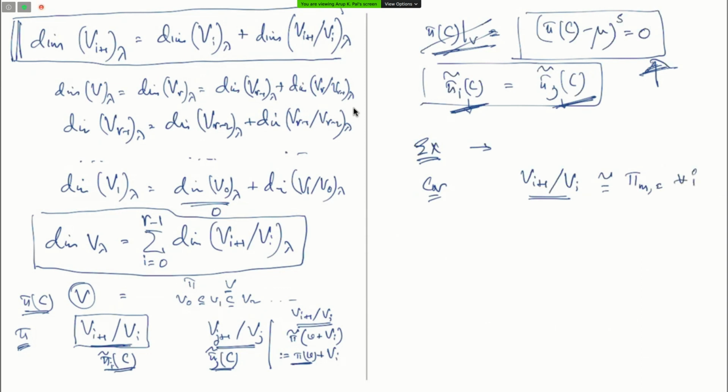Any irreducible is pi m plus or minus, one of these types. So instead of writing plus or minus, I am writing epsilon. So epsilon is one of the two. The point is that for different i's, you cannot have different irreducibles here. So m and epsilon are fixed here.